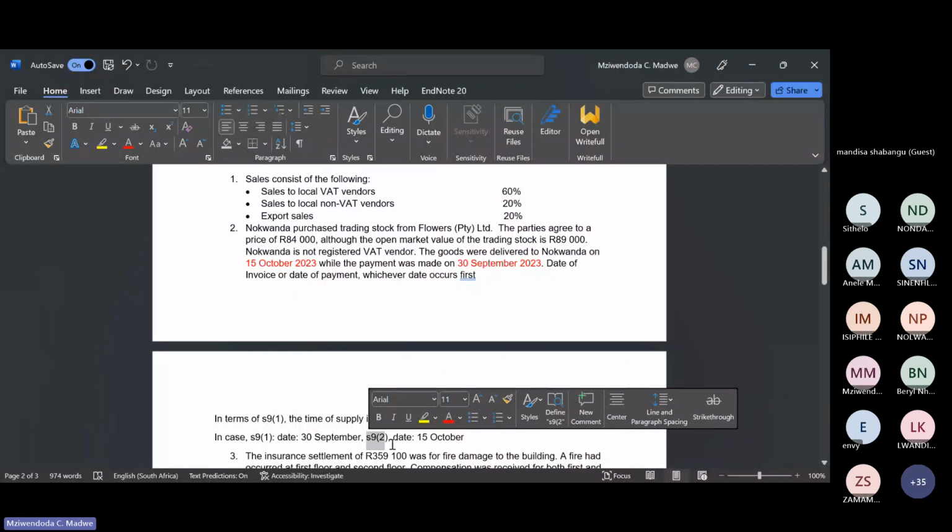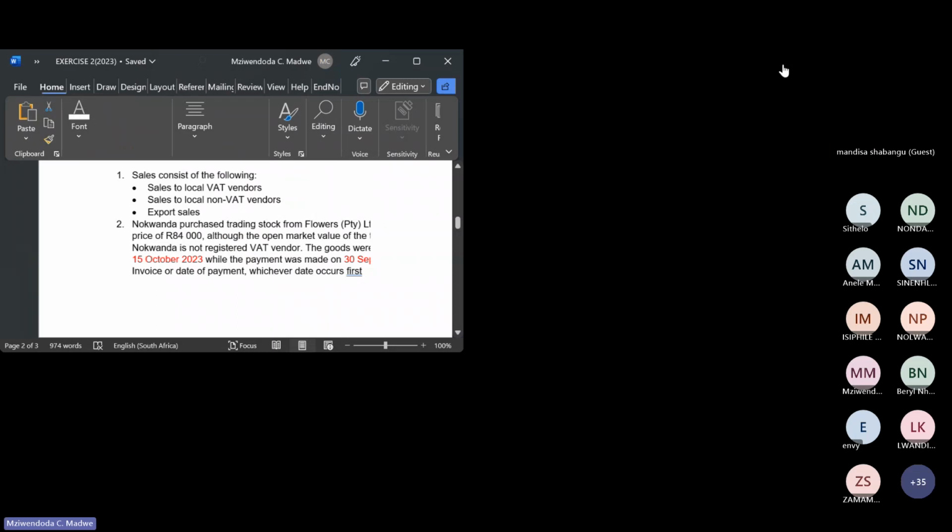So which means in this case, section 9, subsection 1 occurs before section 9, subsection 2. So in that case, you apply section 9, subsection 1. Okay, so that is what you have to do.